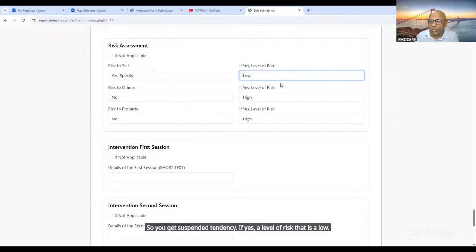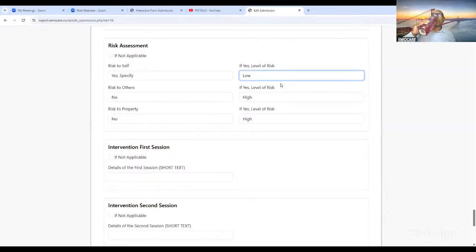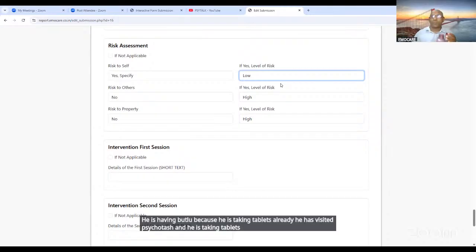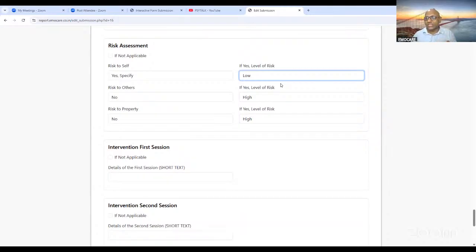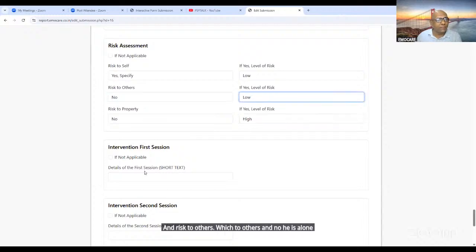He is having but low because he is taking tablets. Already he has visited a psychiatrist and he is taking tablets. Risk to others, no, because he is alone. And risk to property, no.